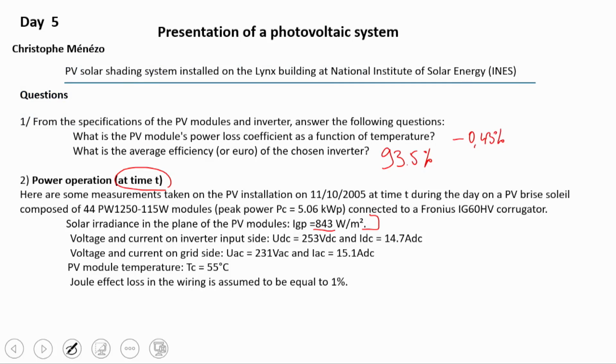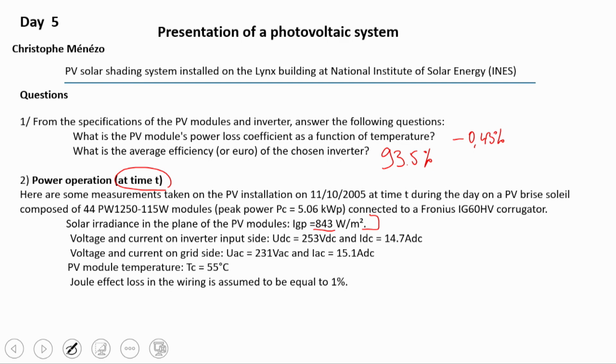So at time t, we see that there is a radiation on the same plane as the module of 843 watts per square meter.